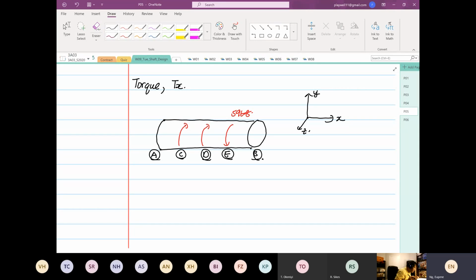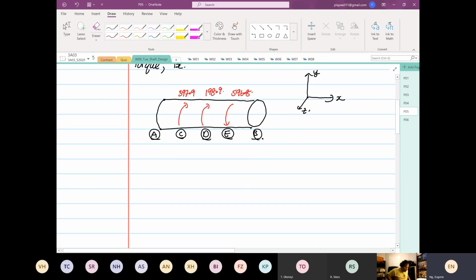So at point C it is 397.9, and then the other one is 198.9. Okay, so now we're going to draw the torque.